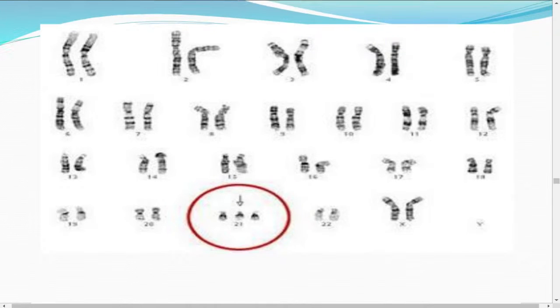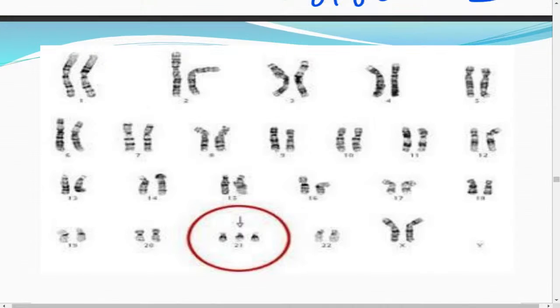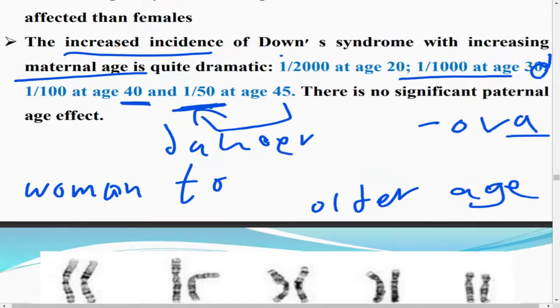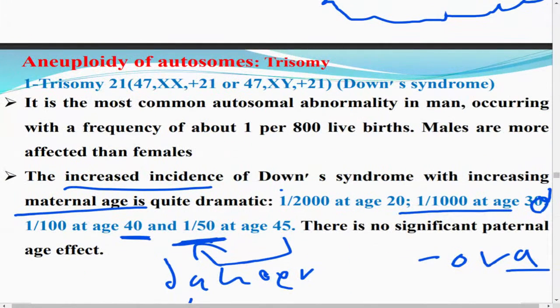These are chromosomes, with an additional chromosome in chromosome number 21. As we discussed on the page here, there is an additional chromosome in 21: 47,XX plus 21, or 47,XY, an additional chromosome to the 21 pair.